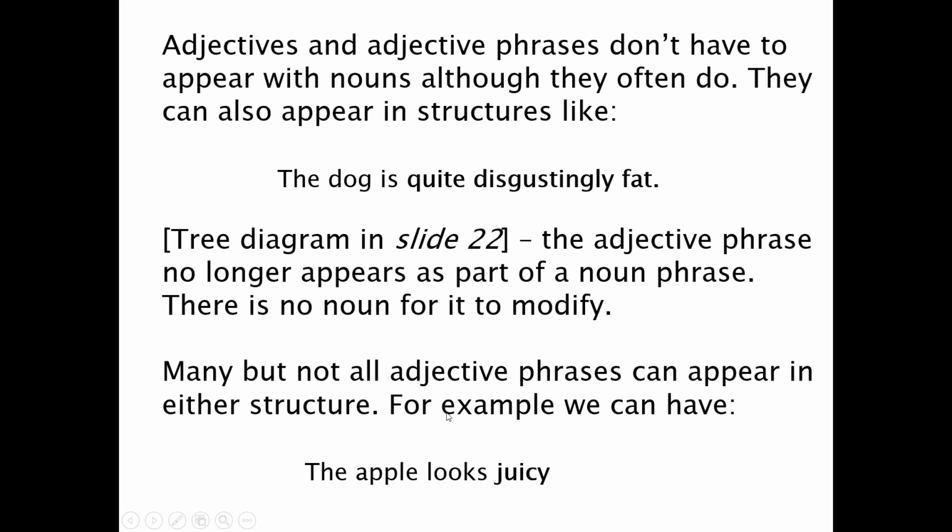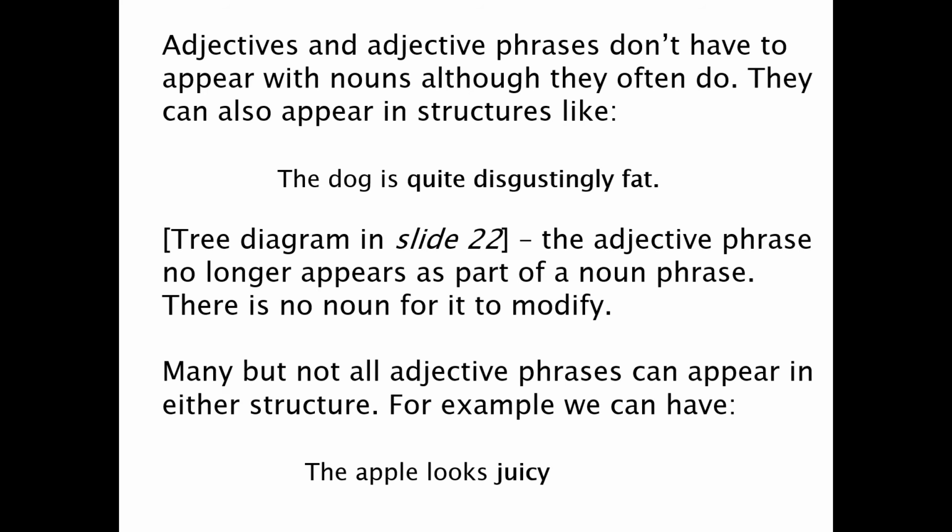Many but not all adjective phrases can appear in either structure. For example, we can have "Dabil looks juicy." I would say Muhammad looks very sad, and Mahmoud Abu Anza looks very busy now. So very busy. Well, the point is that it's not necessary that adjectives come before nouns.